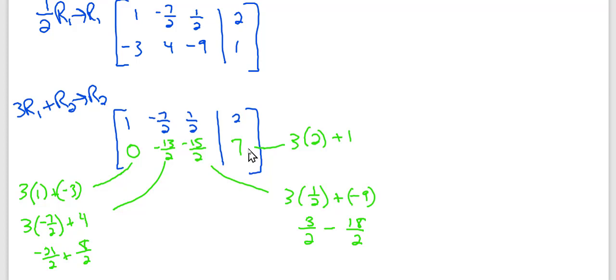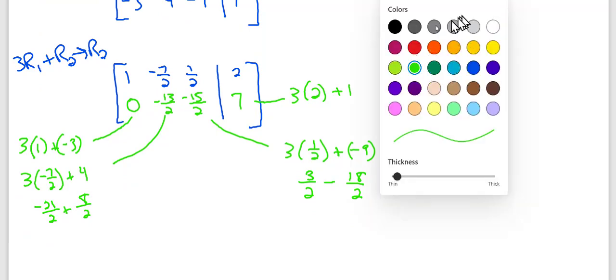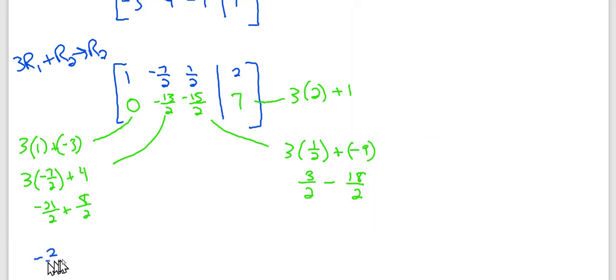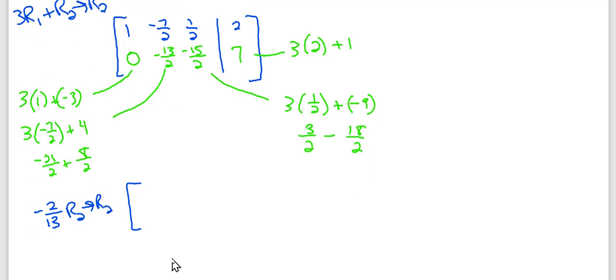Okay. Next, I want a 1 where that negative 13/2 is. So let's do negative 2/13 times row 2 and put it in row 2. I want to use that reciprocal. When I'm getting the 1, I like to use the reciprocal unless the calculations are super yucky.